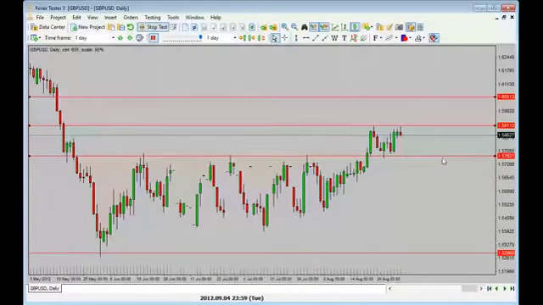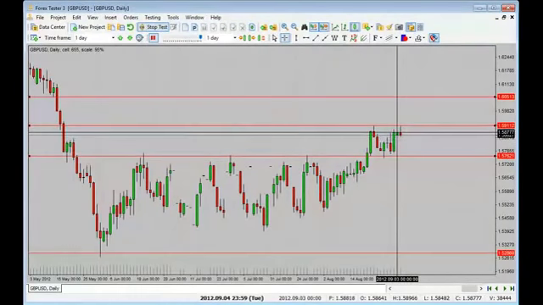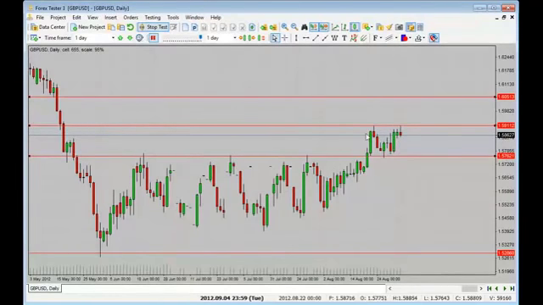There we are. So it went and tested the high once again, and then closed below. So this is still a tradable opportunity, because if you take a look from where we were, we still have about 30 pips or so, but we were very close to the resistance, and now price has closed below the resistance.